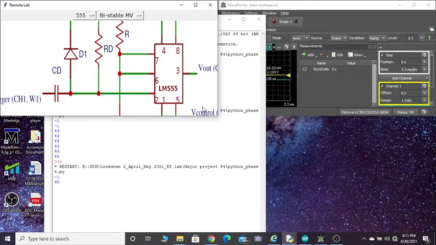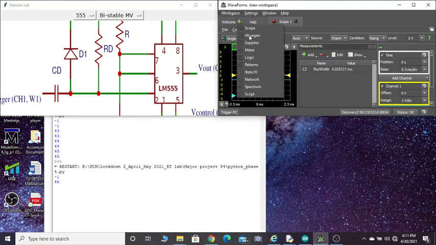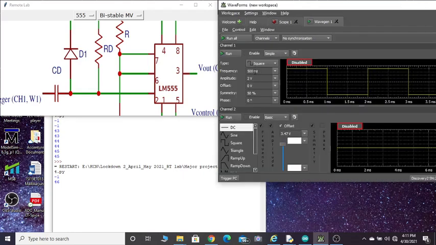So let me just go to my wavegen here. Let me switch on this wavegen. Now I need to apply the sine wave using channel 1. Let me apply 2 volt and 2 volt offset, so that I'm going to have a sine wave of amplitude up to 4 volt and down to 1 volt, and I can run both of them.